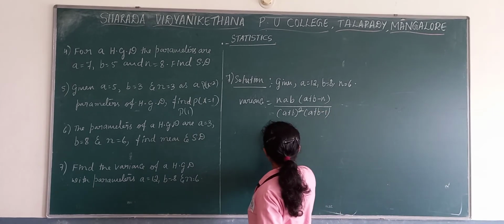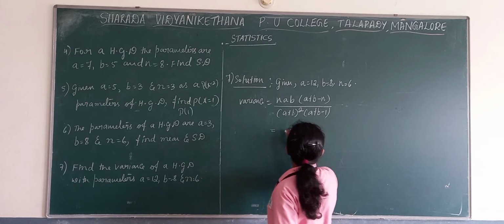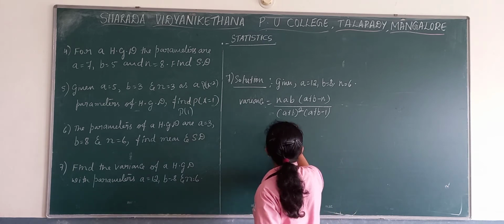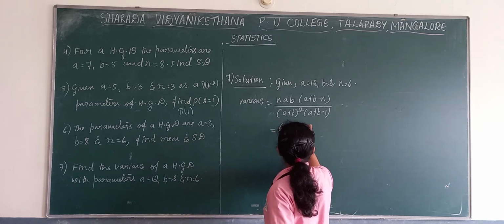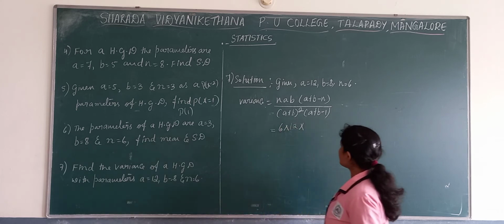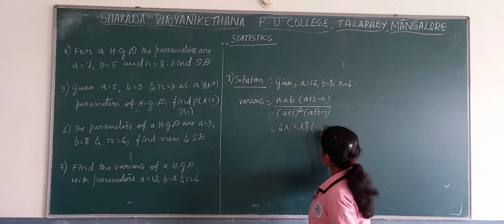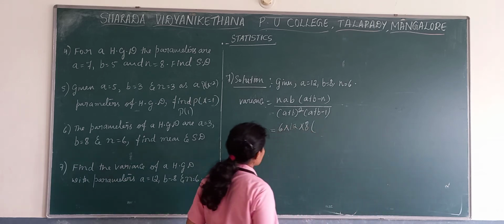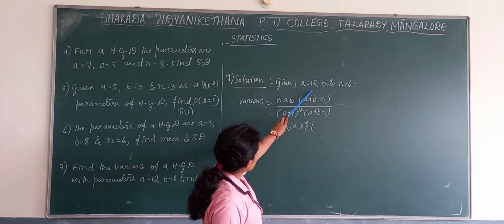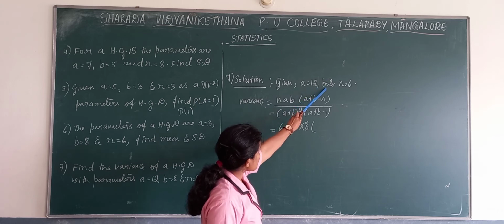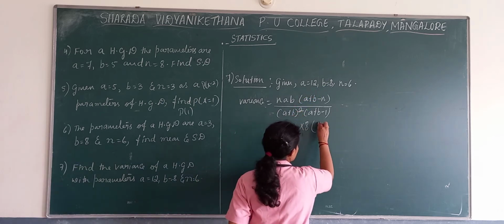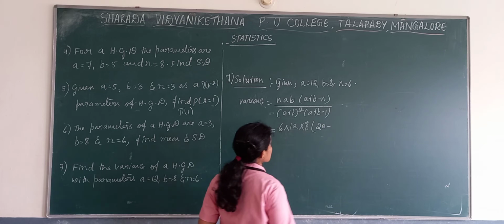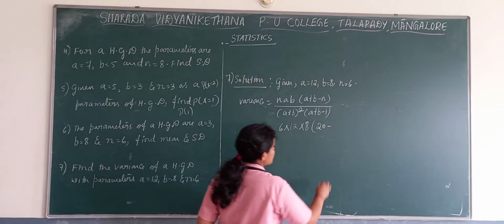Now here, what is the value of n? n is 6, into a is 12, into b is 8. Then a plus b: a is 12, b is 8, so 20, minus the value of n, which is 6.